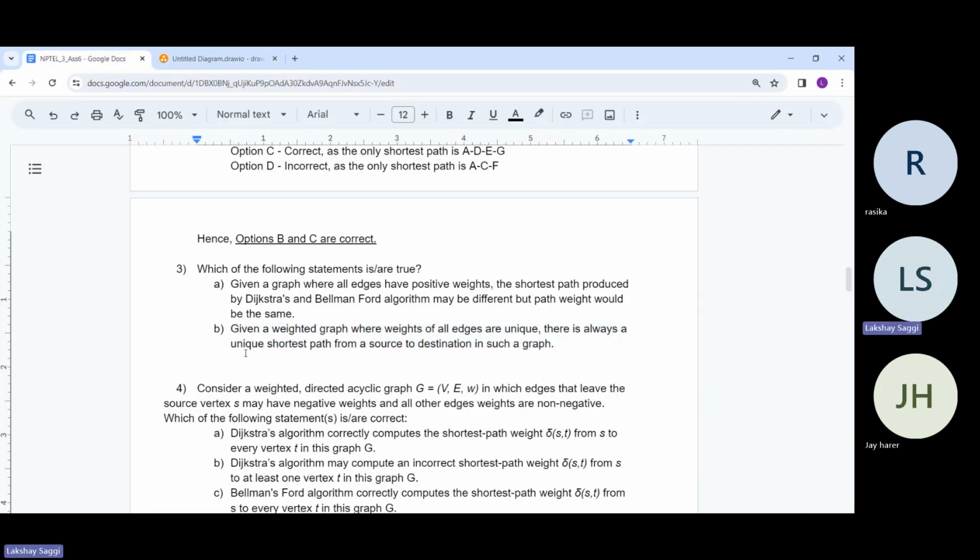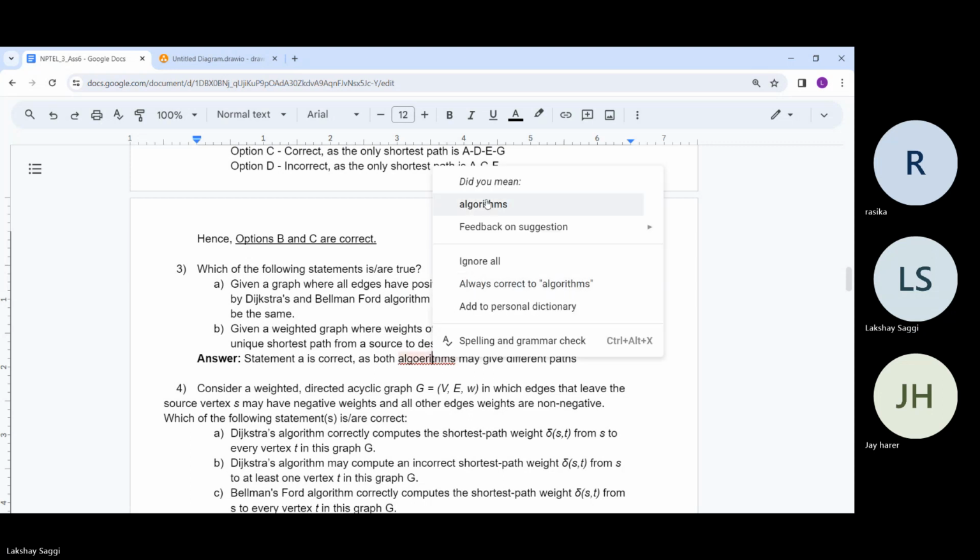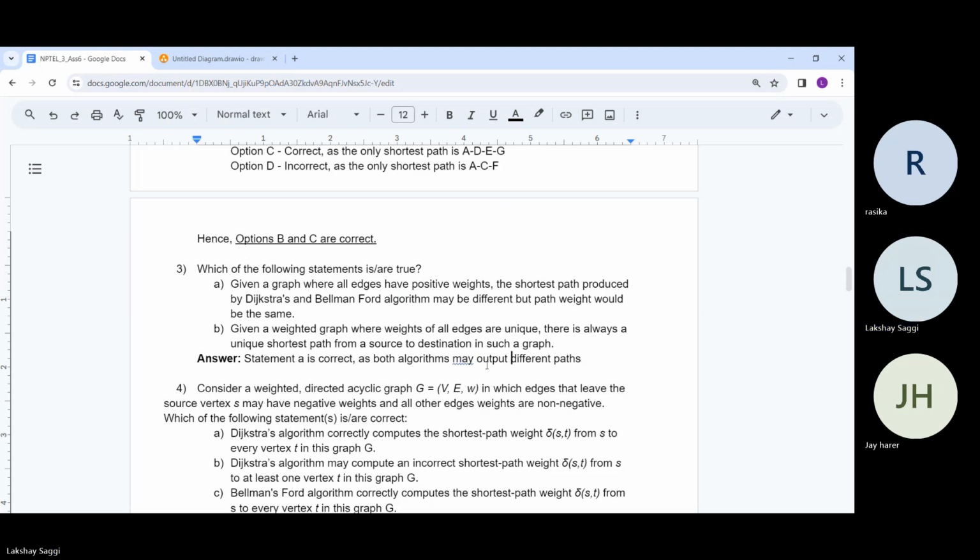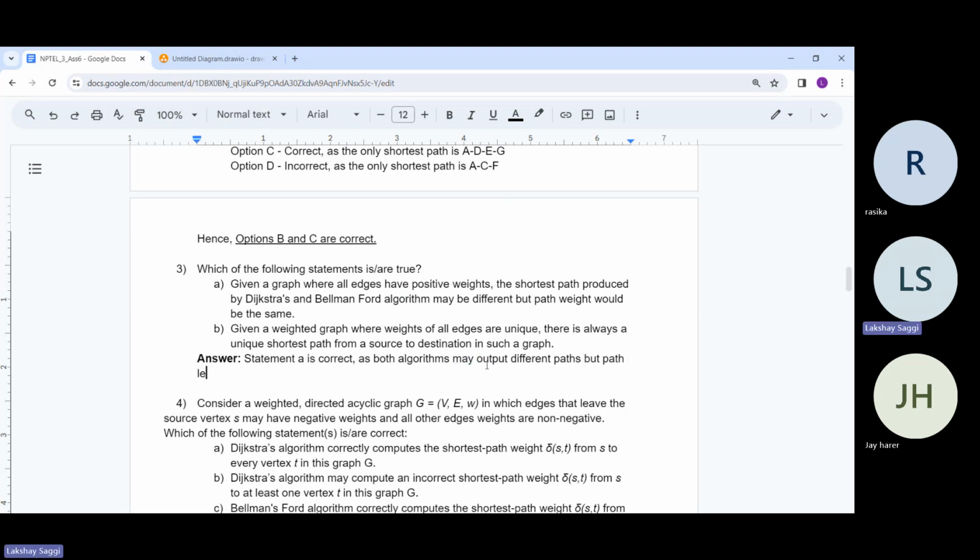So maybe I should just type this out also: statement A is correct as both algorithms may output different paths, but path lengths will be the same.